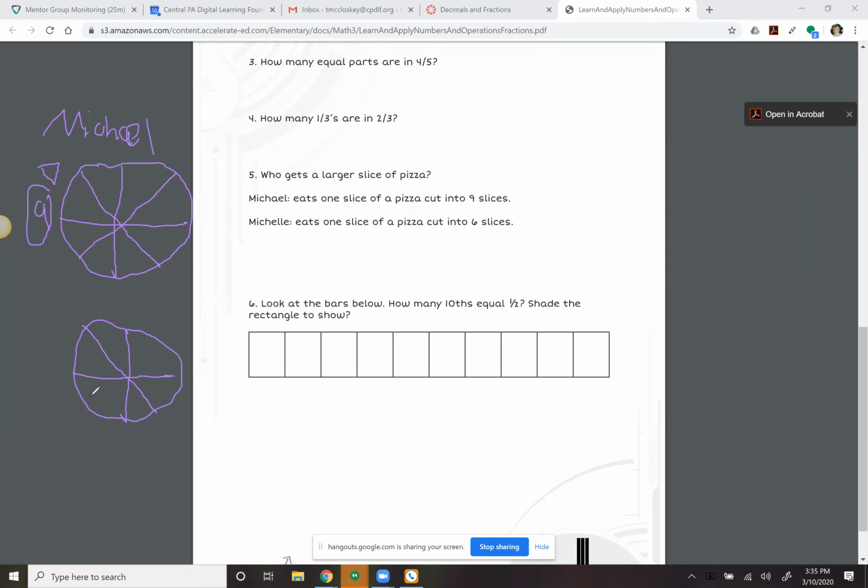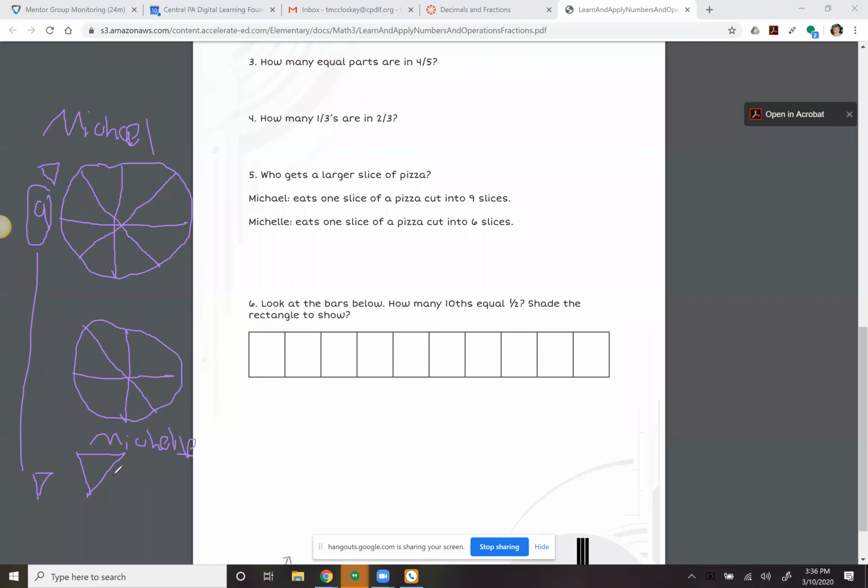Who has a bigger piece? Michael, his slices are this big, and Michelle's slices are this big. Who has the bigger piece? Remember, this is Michael, and this is Michelle.